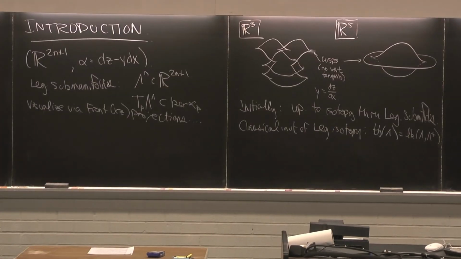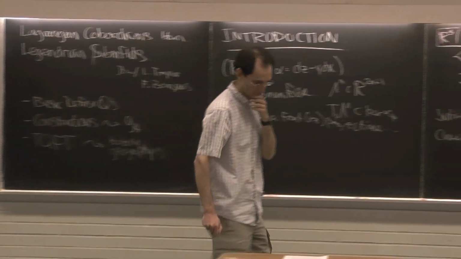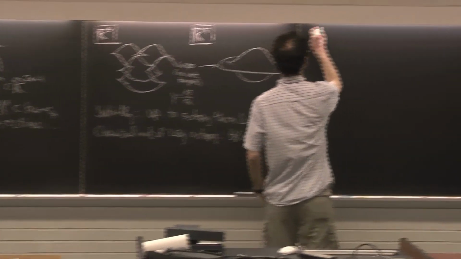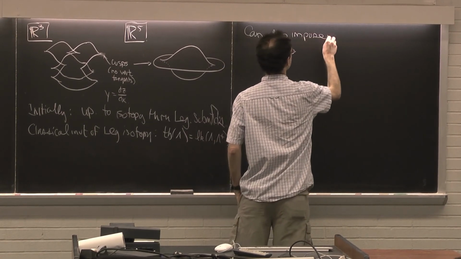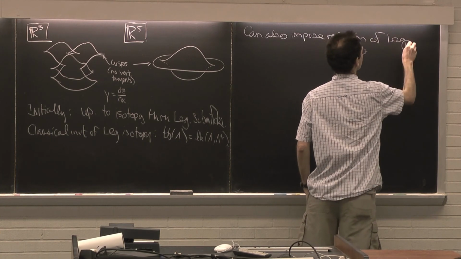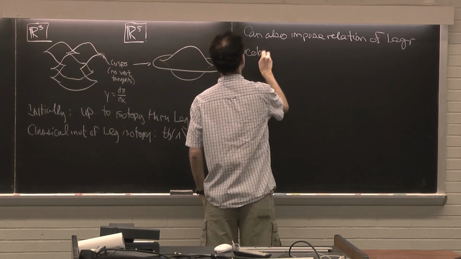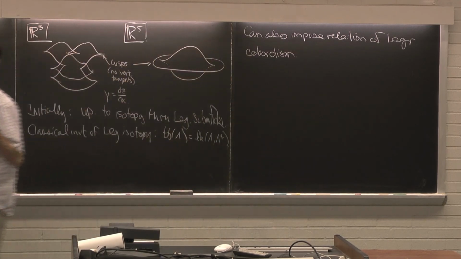All right, but another relation that we can try to impose is something that's definitely weaker. And that relation would be the relation that you get from Lagrangian Cobordism between Legendrian submanifolds.